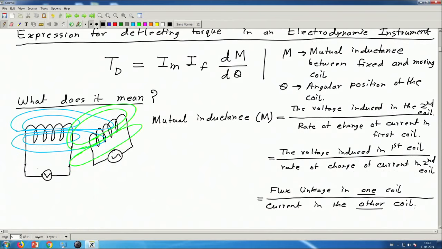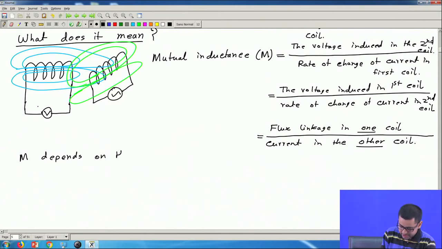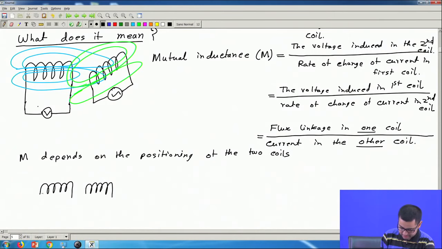So, this is not a tutorial on mutual inductance, but rather this is a quick recapitulation. But the essential thing that I want to bring out is that M, mutual inductance, depends on the positioning of the two coils. For example, if I have two coils very close to each other, then M is high.